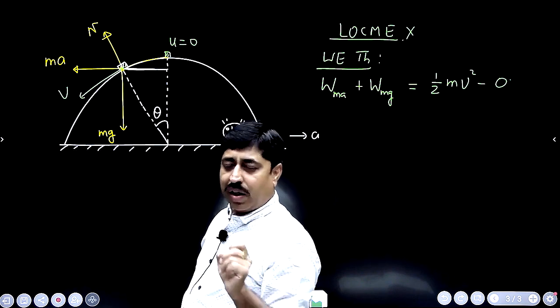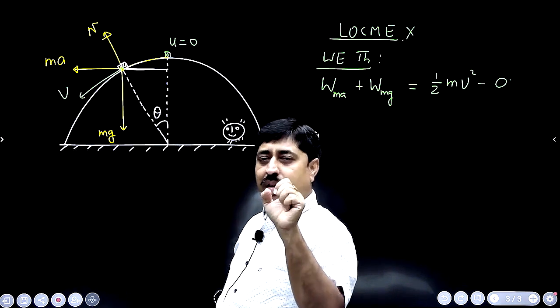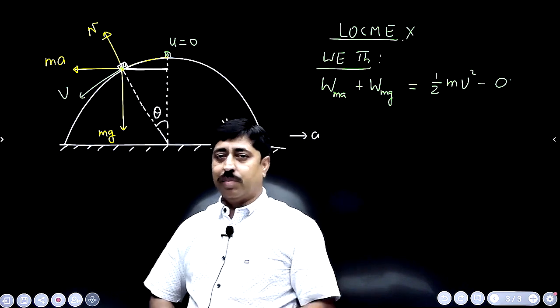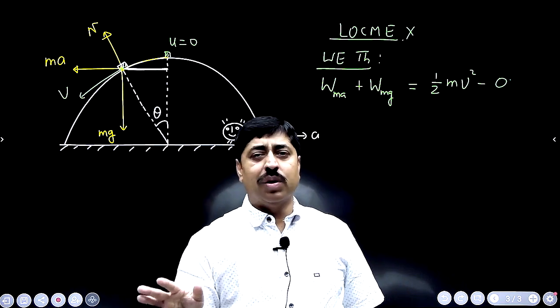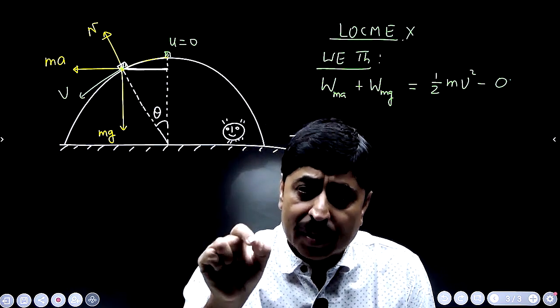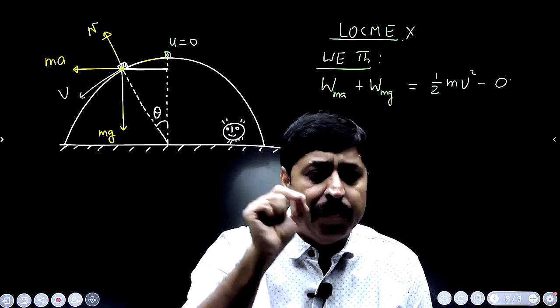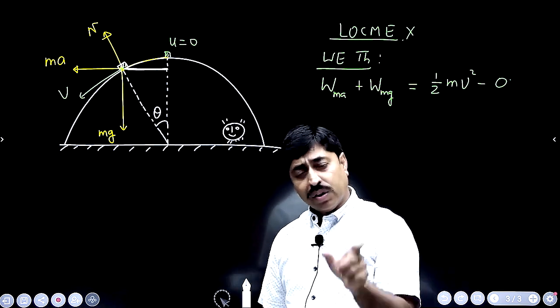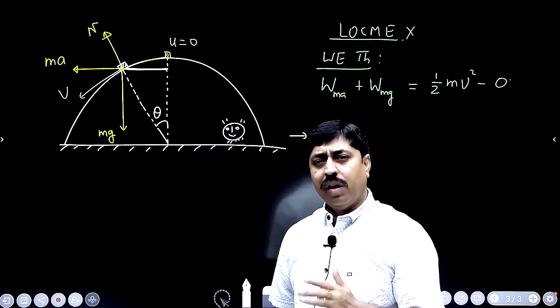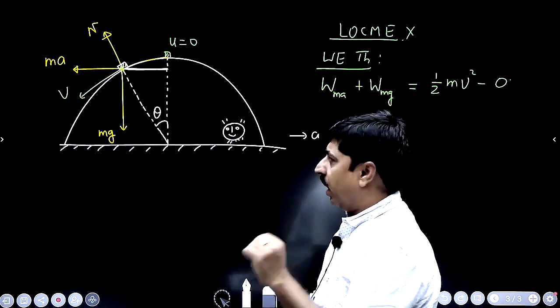To get its work done, you multiply Ma with this horizontal displacement. Work done by constant force is simply force multiplied by displacement in the direction of the force. So, Ma is a constant force, work done by Ma is Ma into displacement in the direction of Ma.